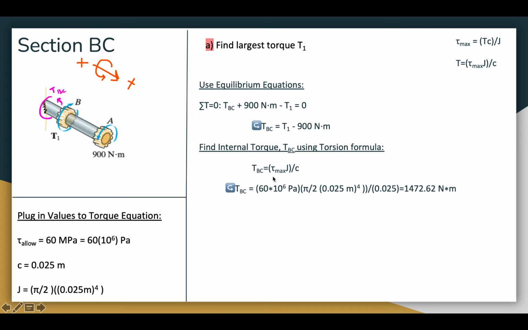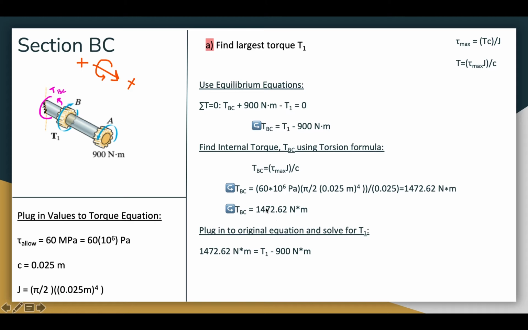We can solve the torsion equation for torque, plug in our maximum shear stress, and then we have our moment of inertia and our outermost radius, which is C. When we do that, we get a whopping 1472.62 Newton meters. And that is for the maximum internal torque. So we want to find the torque at T1.